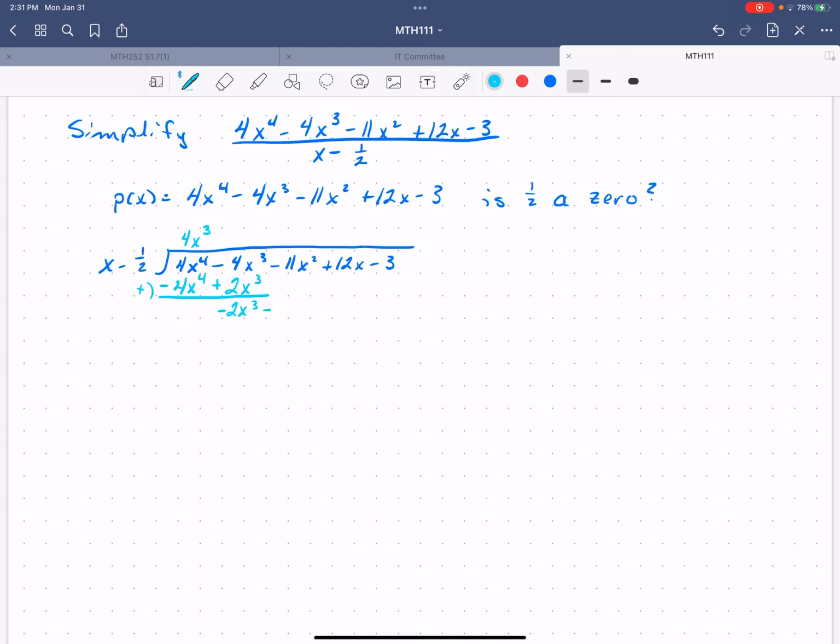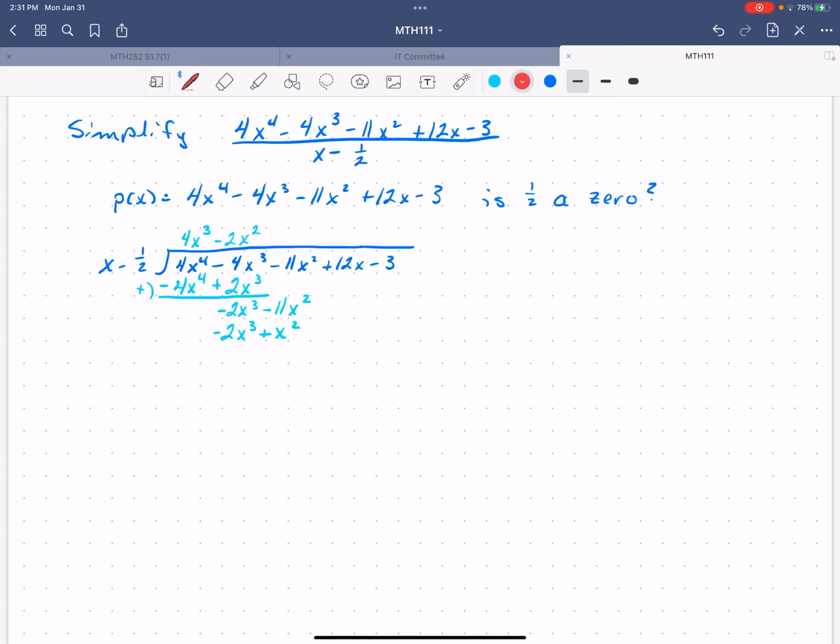Now I bring down the 11x^2, and I ask myself, what do I multiply x by in order to get negative 2x^3? And the answer is negative 2x^2. I multiply negative 2x^2 through x - 1/2, and I get negative 2x^3 + x^2.